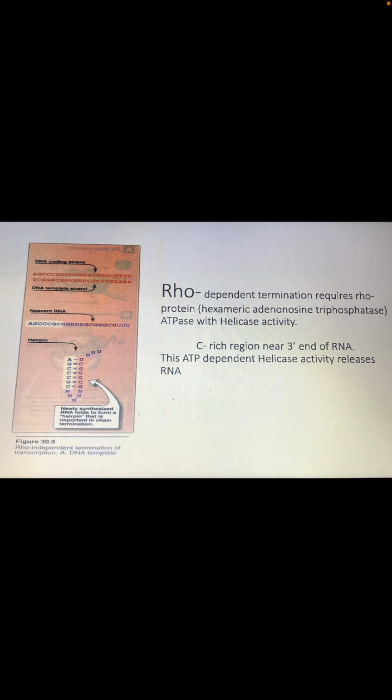Here you can see in this diagram, which is number 30.9 in your Lippincott transcription chapter, one diagram showing that there are some internal sequences present which are responsible for the termination of the transcription machinery.